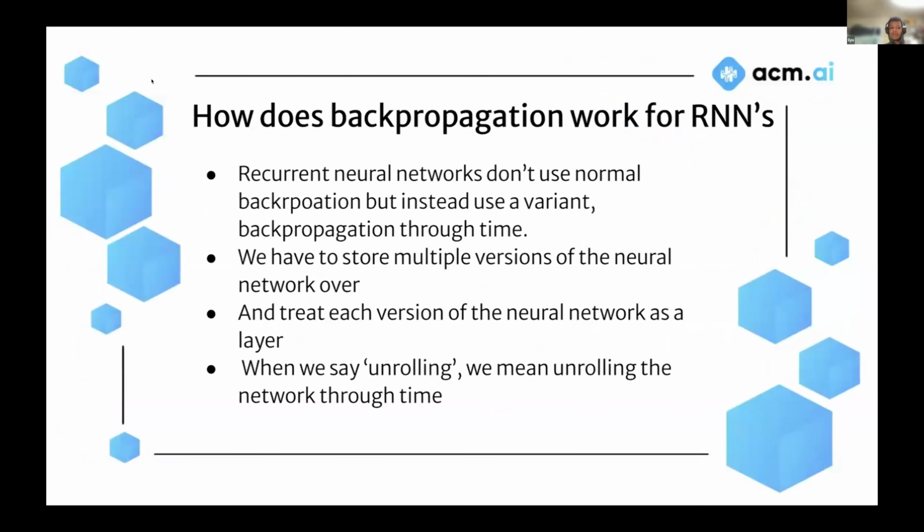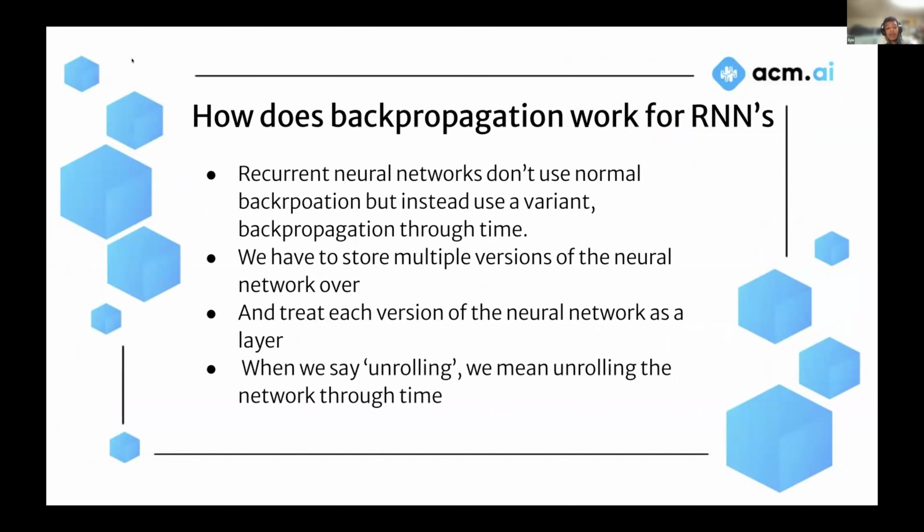You might be wondering, how does backpropagation work for this? How do we train it? We use a variant of backpropagation called backpropagation through time. We treat every single time step as a layer, rather than the alternative method, which is very computationally intensive.